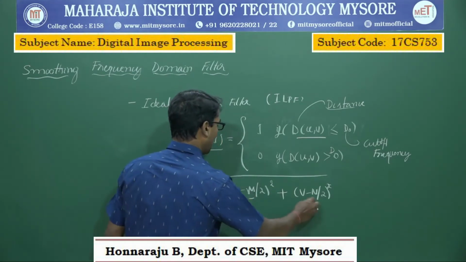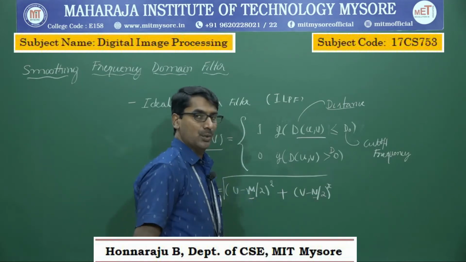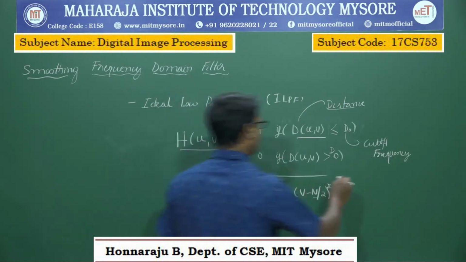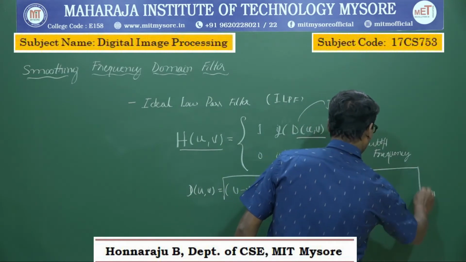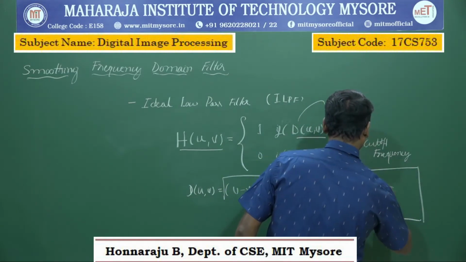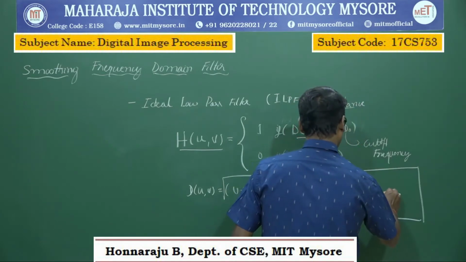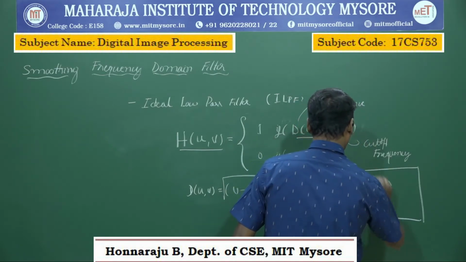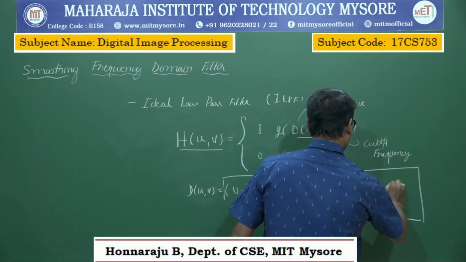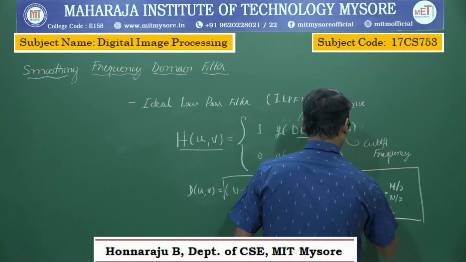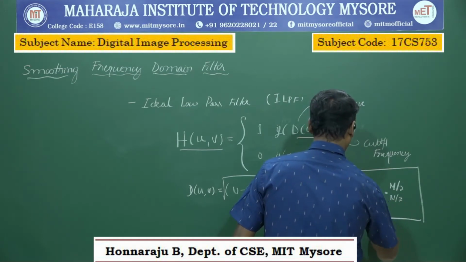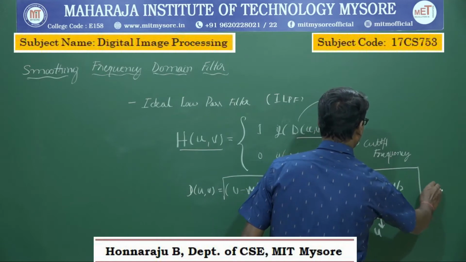M and N represent the rows and columns. Here we consider the square. First we consider the center, which is calculated by M by 2 and N by 2. This direction is u and this direction is v.